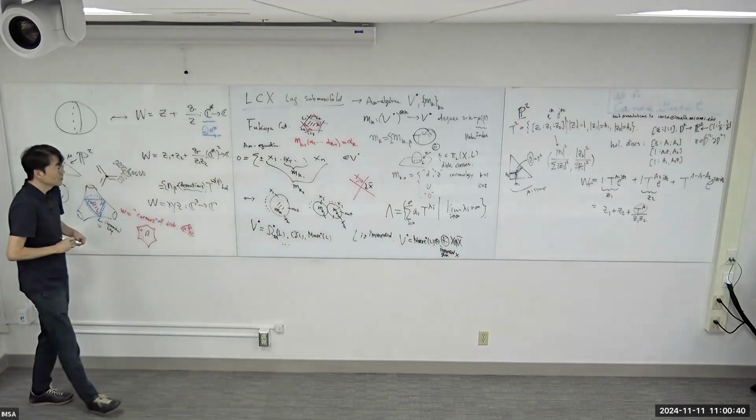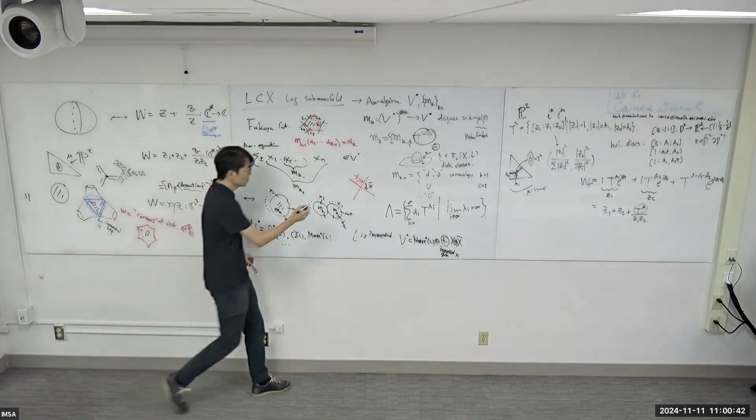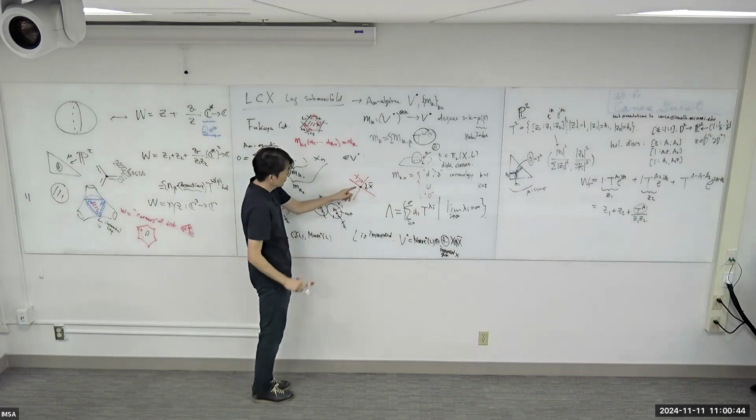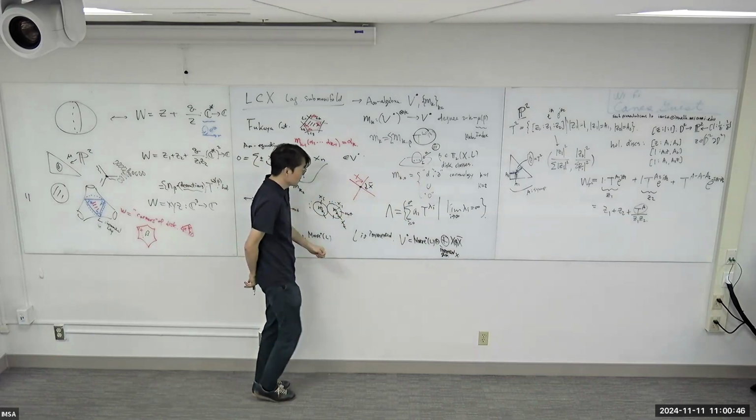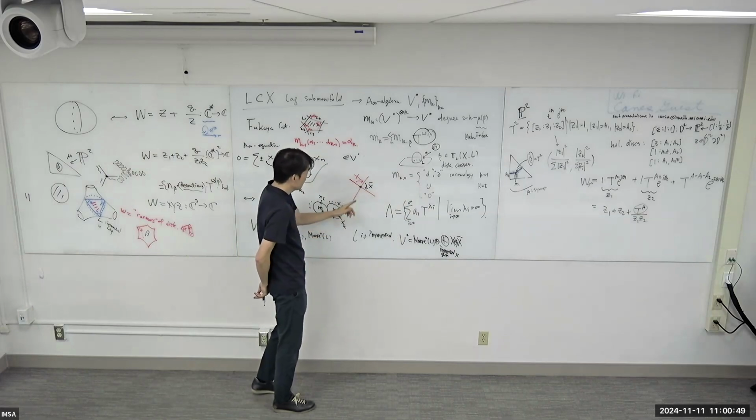So we have X and X bar, and we add those for each intersection point. What does this mean? L is immersed, and then you have immersed generators.